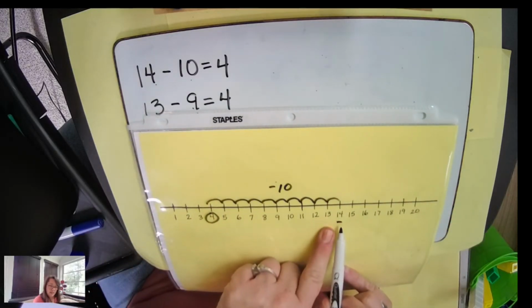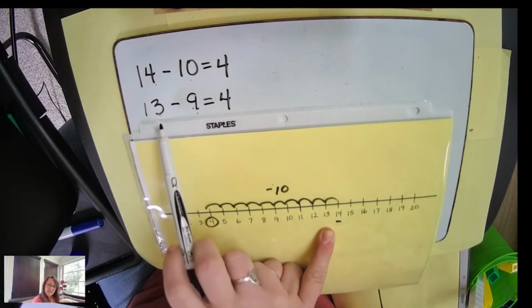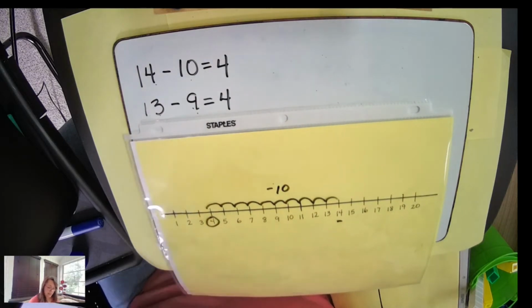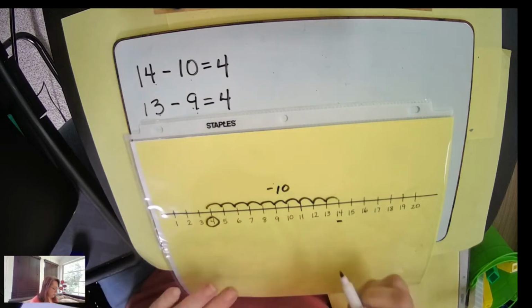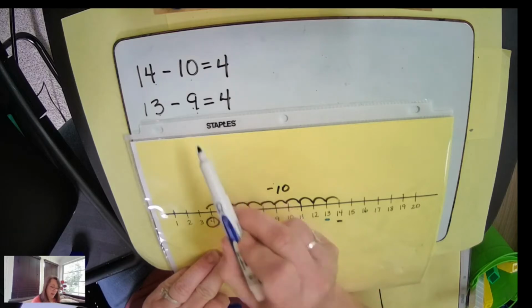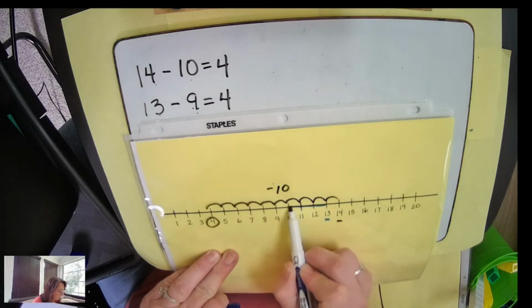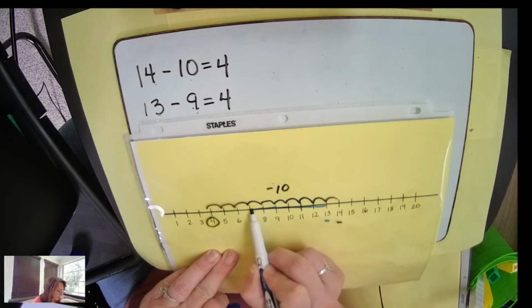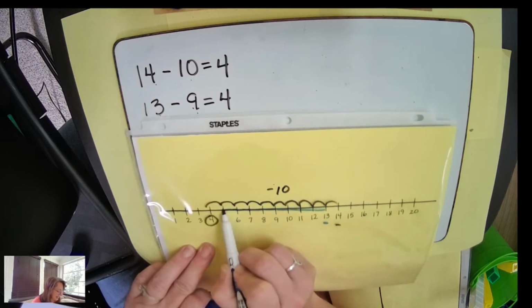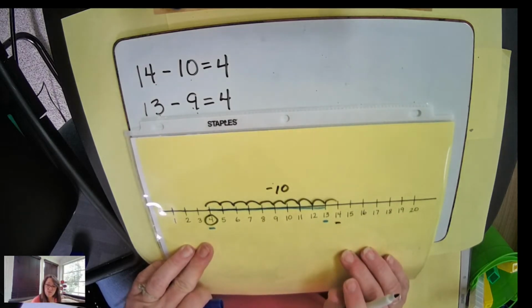Here we had 14 and we subtracted 10 and we came to the answer 4. Now in this second problem, we start with 13 and we subtract 9, 1, 2, 3, 4, 5, 6, 7, 8, 9. And we get 4.